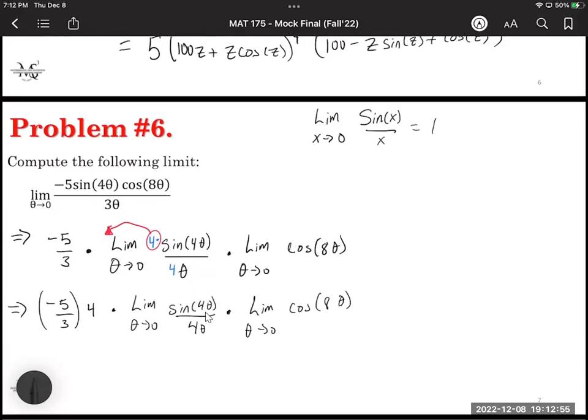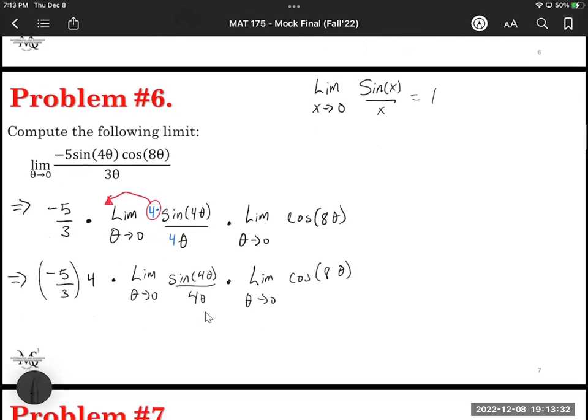So what is negative 5 thirds times 4? Negative 20 over 3, that's right. So you get negative 20 over 3.